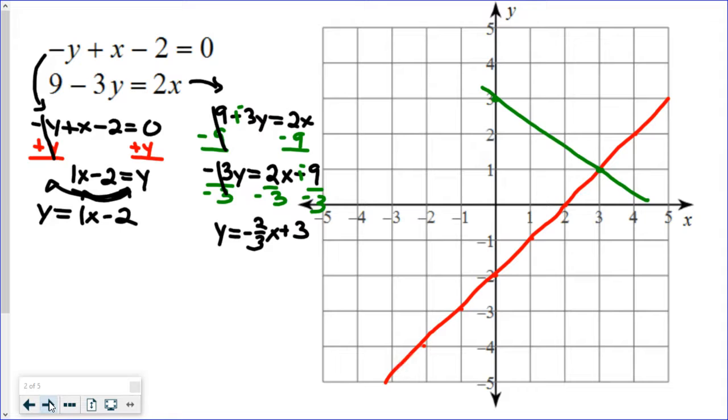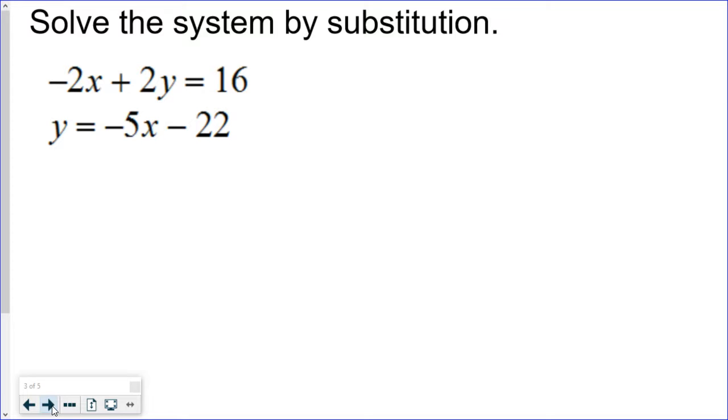Okay, so again, where do they cross? Right there, 3, 1, and that's my solution. Okay, graphing can be really nice, but there was a lot of work getting it in slope-intercept form. Now, I didn't give you a graph, and it says substitution, and right here, I noticed one of my variables is by itself. Y is by itself.